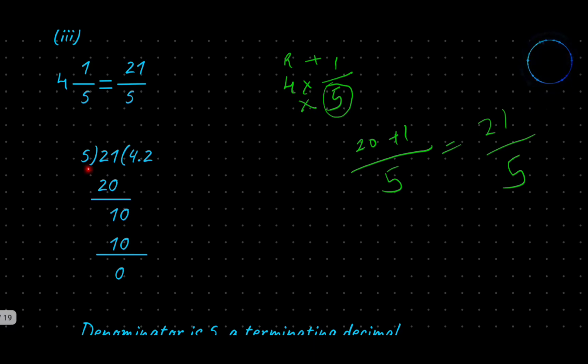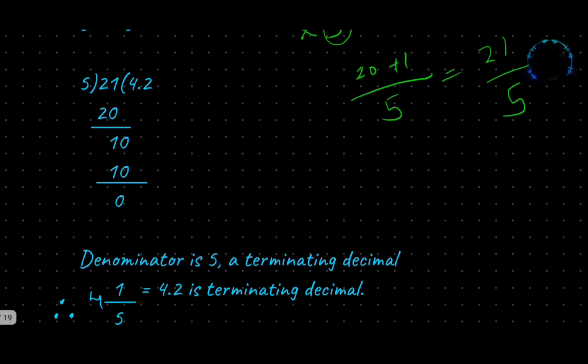We need to divide 21 by 5. 5 fours are 20. It comes, so we don't need to take any point or add extra 0 here because 5 is already a small number which can divide 21. Remaining is 1. Now we need a point. 1 cannot come in the 5 table, so we'll apply a point here and add a 0. 5 twos are 10. 0. We got the decimal form as 4.2 and it terminates just as the previous ones.